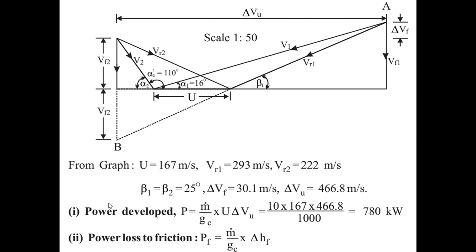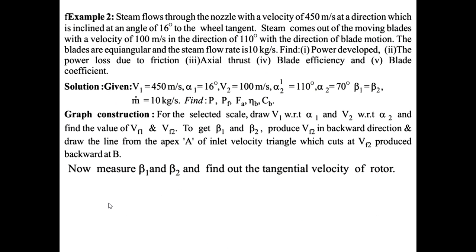Now what to do? Next, V2 is given, because V2 and alpha 2 will start from the same point, correct? So from the same point, I will take alpha 2 70 degrees. V2, how much have they given? They have given 100 meter per second as V2.